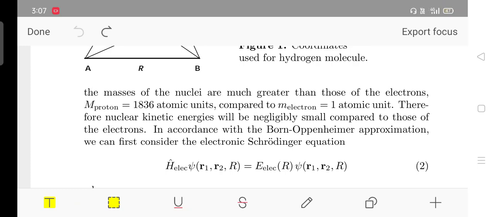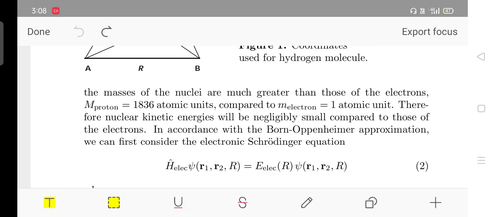Compared to the mass of the electron, the kinetic energy of the electrons will be high compared to the kinetic energy of the nucleus.